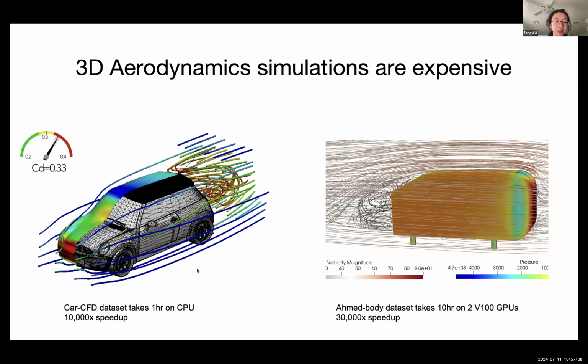In this case, the input is car shapes and the output is the pressure fields along the cars. And the end goal is to do inverse design to find the best design of cars that minimizes the drag and shear velocity.